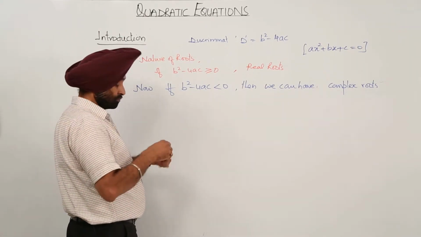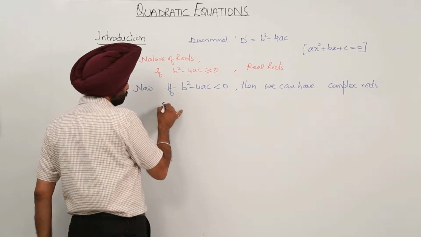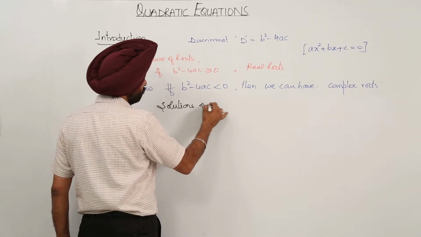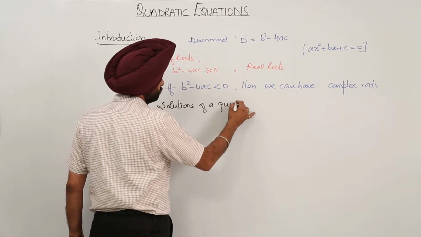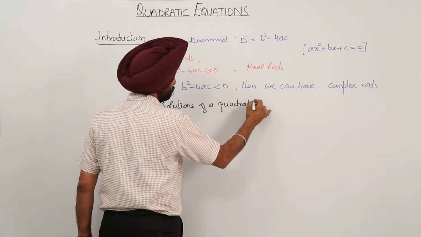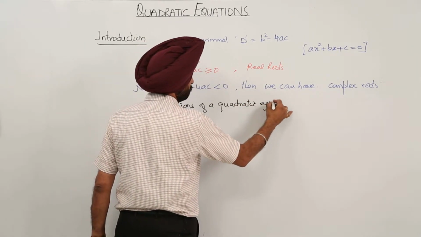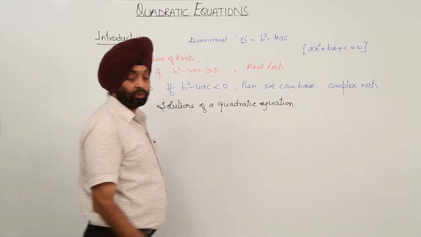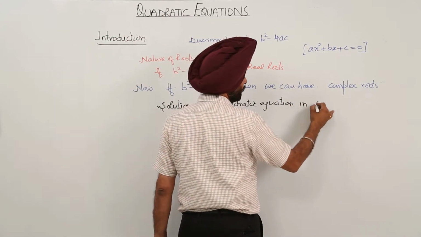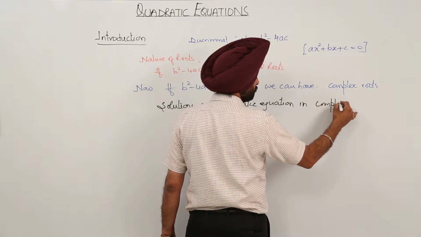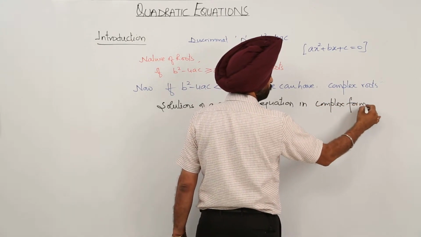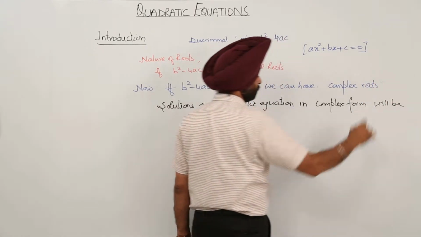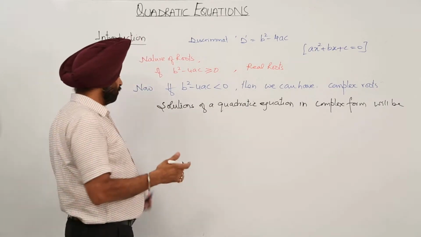Now the solutions of a quadratic equation in complex form will be, now in complex form what will it be?